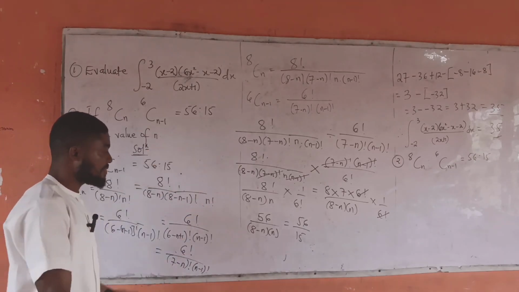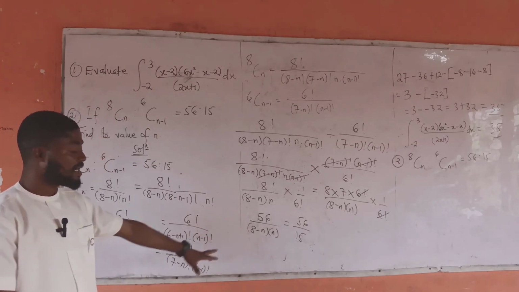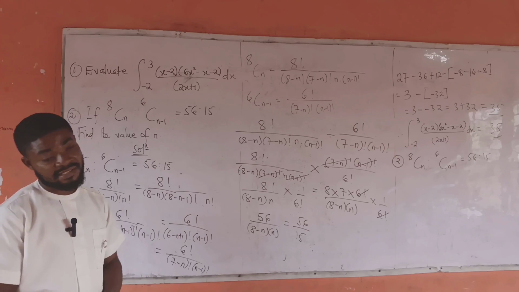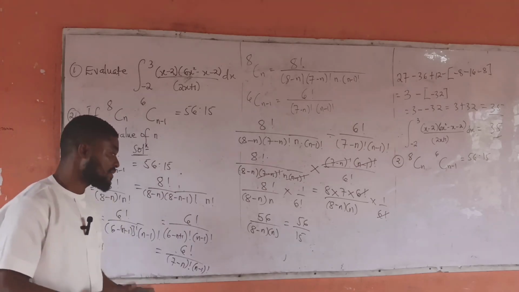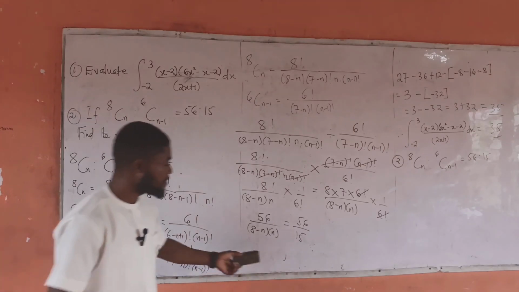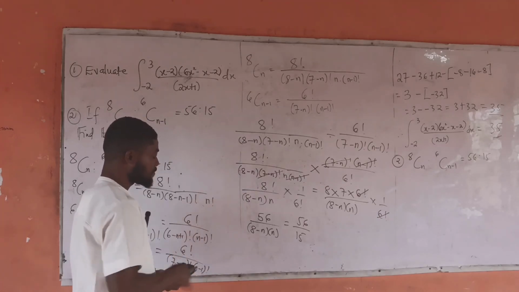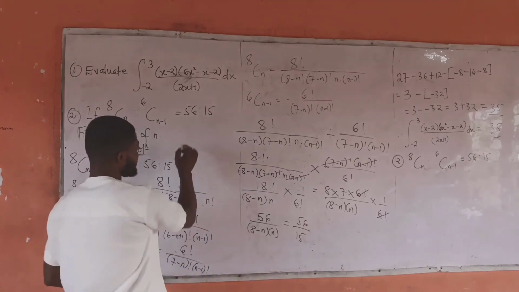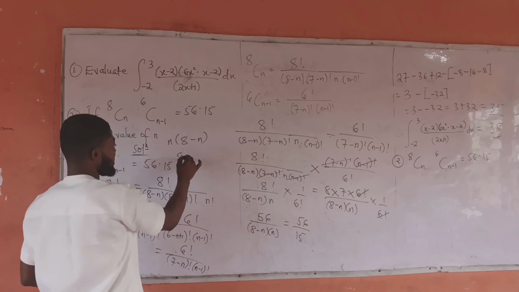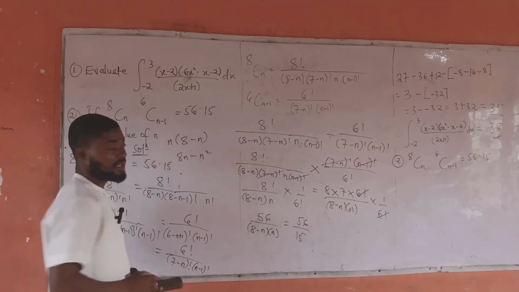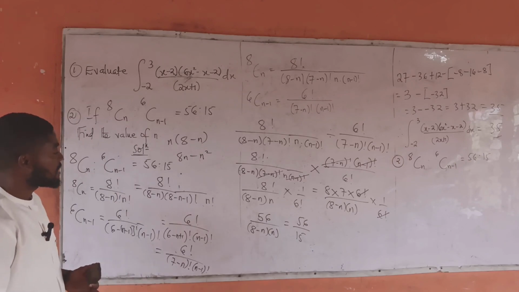Now it is easy if we just compare the denominator with the denominator of the other side, or better still, expand and then get your quadratic and then solve it the way you're supposed to do it. So let's expand this side. n times 8, 8n minus n squared. So we get 8n minus n squared.